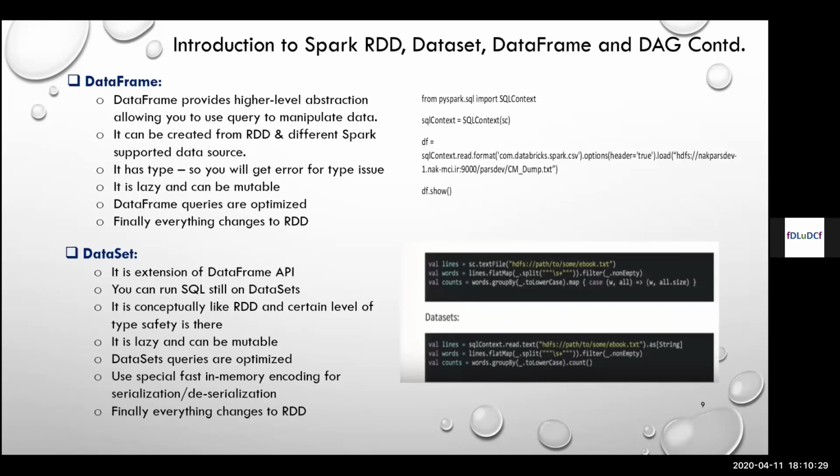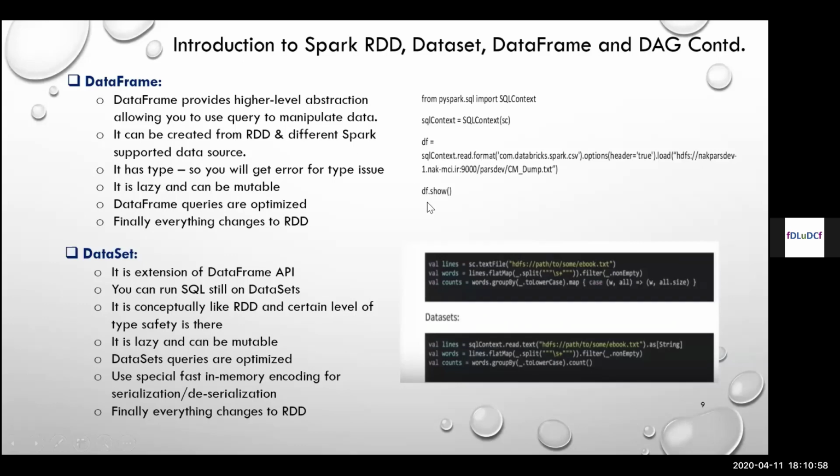So basically, this is just an example. Today our intention is not to go into the code level. Our intention is to give you familiarity with how RDDs and data frames look realistically. But conceptually, we need to understand what is an RDD and what is a data frame and dataset. That's today's topic.